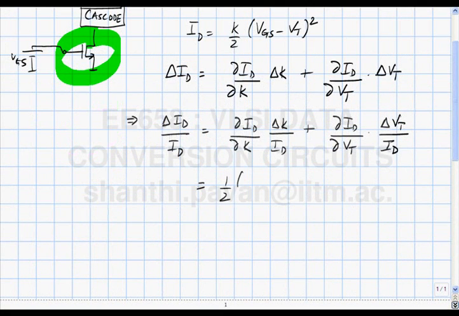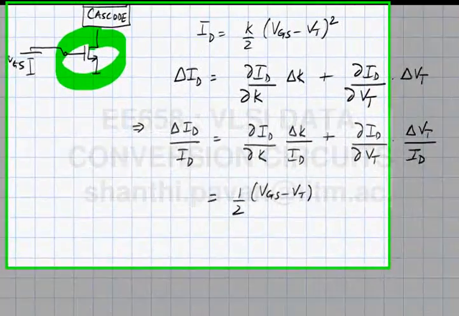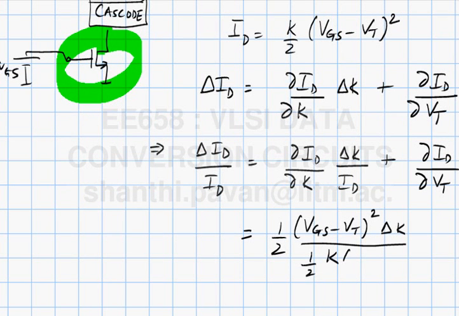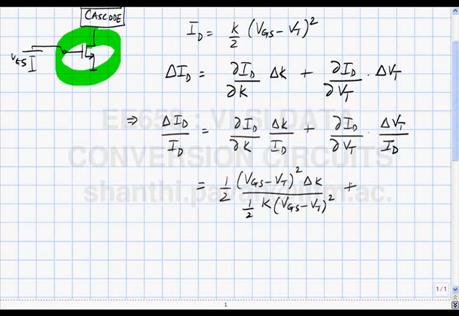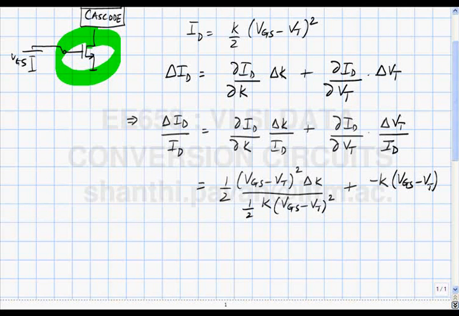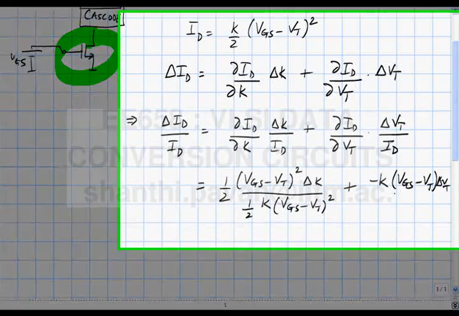It is 1/2 (VGS minus VT) the whole square, and this delta K, and ID is nothing but 1/2 K times (VGS minus VT) the whole square, plus dou ID by dou Vt is minus K times (VGS minus VT), which is nothing but minus GM, and this times delta VT divided by ID.